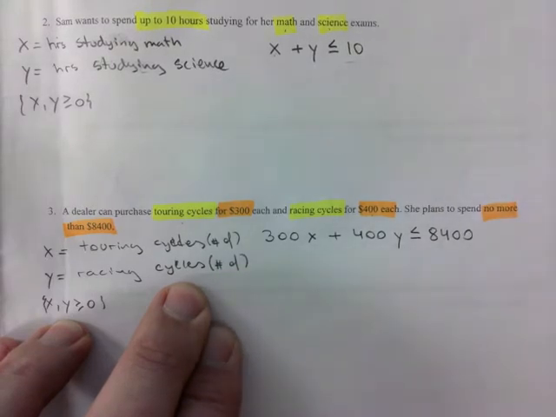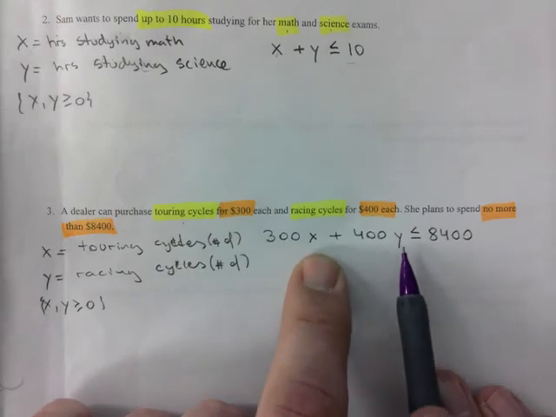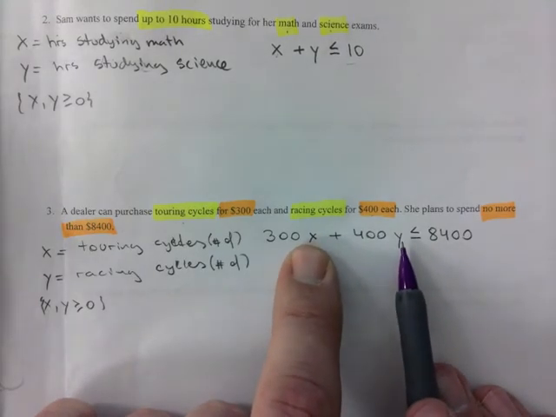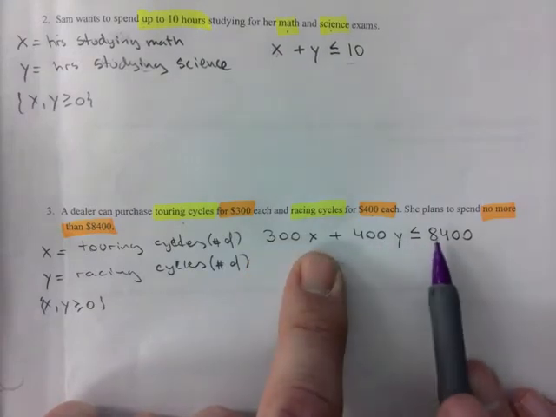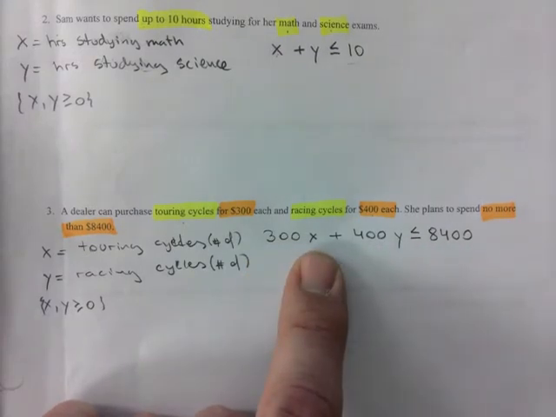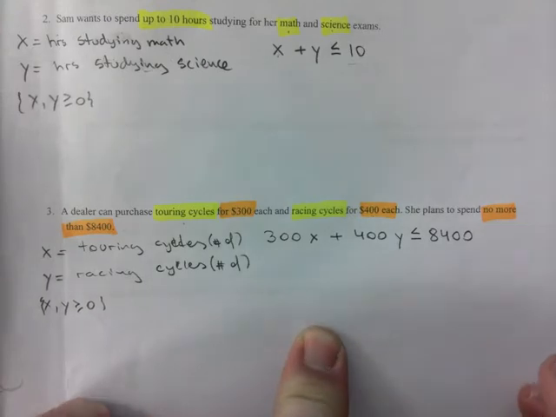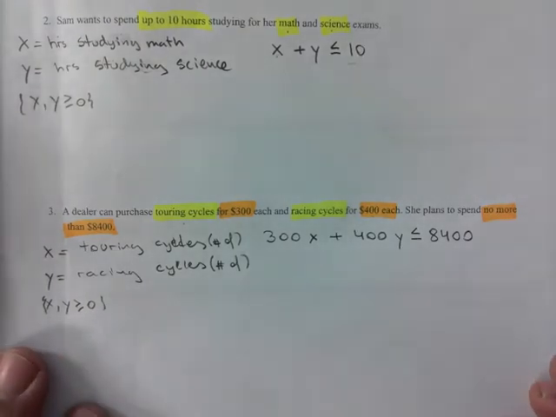So you've made very clear that you know what they represent. If the dealer bought one of each, one touring cycle and one racing, that would be $700. That would actually make the statement true. And so that's how you come up with that. Okay.